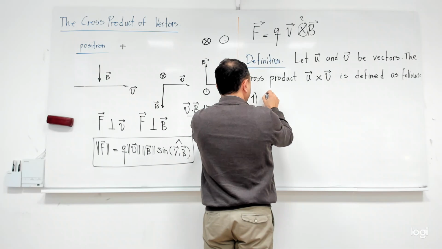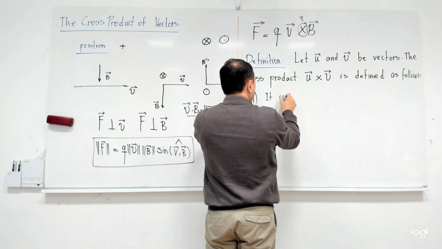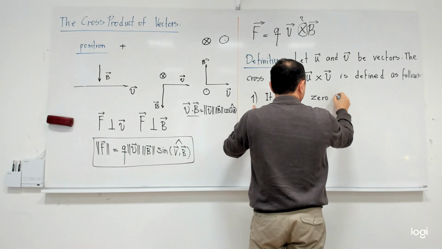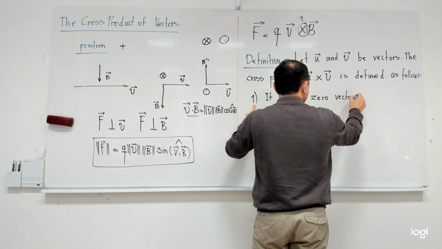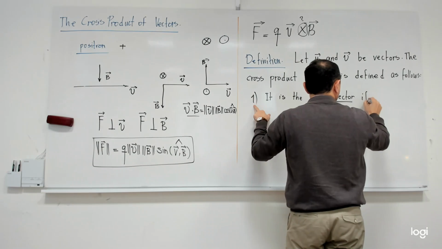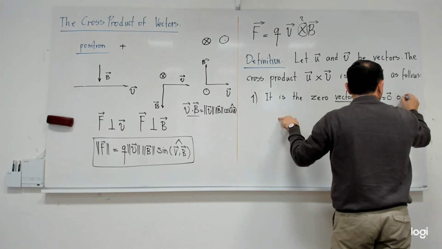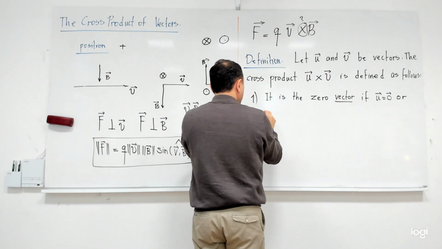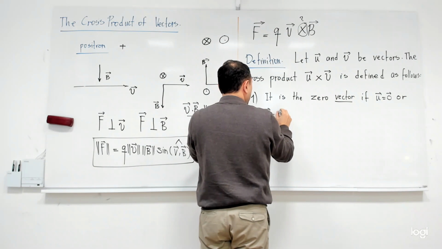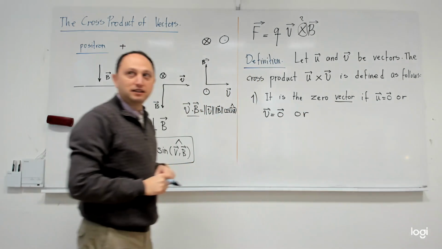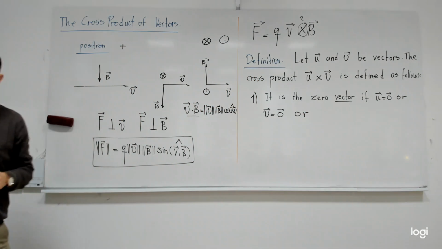It is the zero vector if U is the zero vector or V is the zero vector. There is an or, it was in the experiment. Can you say when? In one case, do you remember in the video?